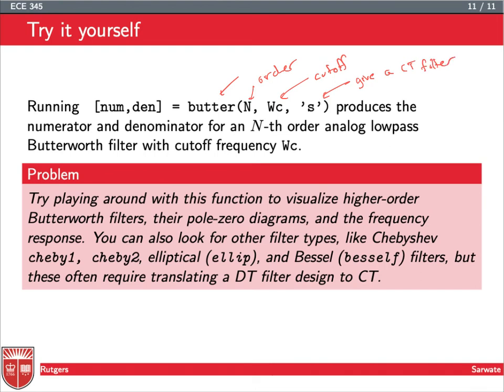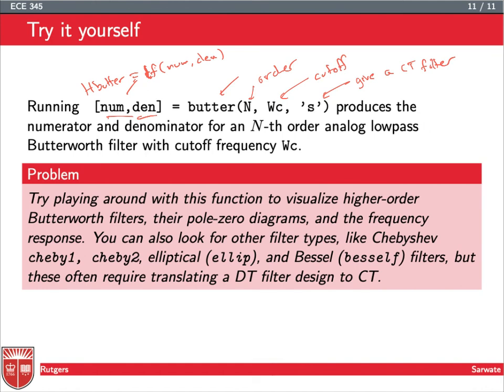Using this command, you can get the numerator and denominator that you can then stick into TF. So H butter is equal to TF, and then you'll get the transfer function, the system object in MATLAB corresponding to this Butterworth filter.